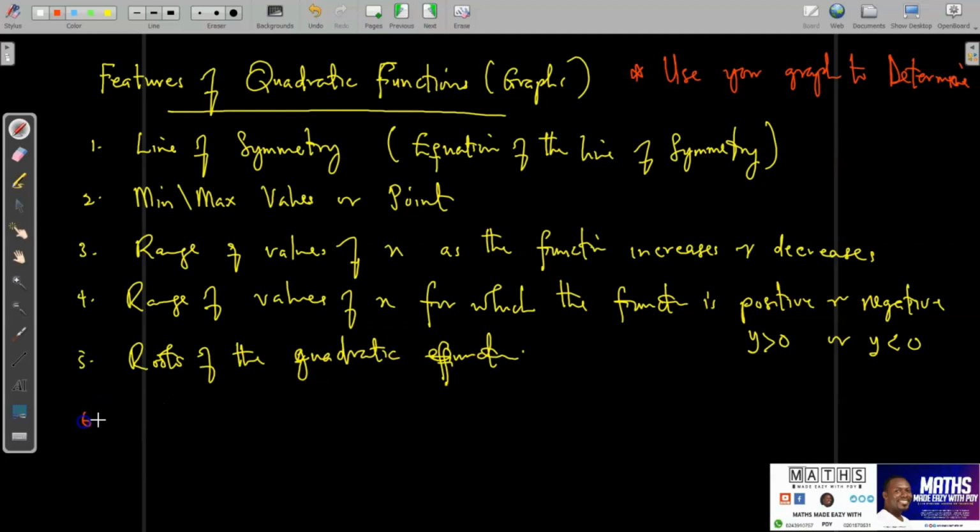Then number 6, they can ask us to solve or find a solution or solution set for a quadratic equation.